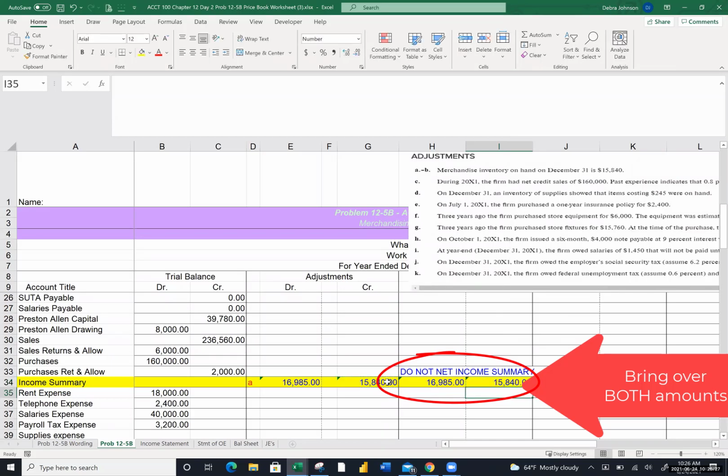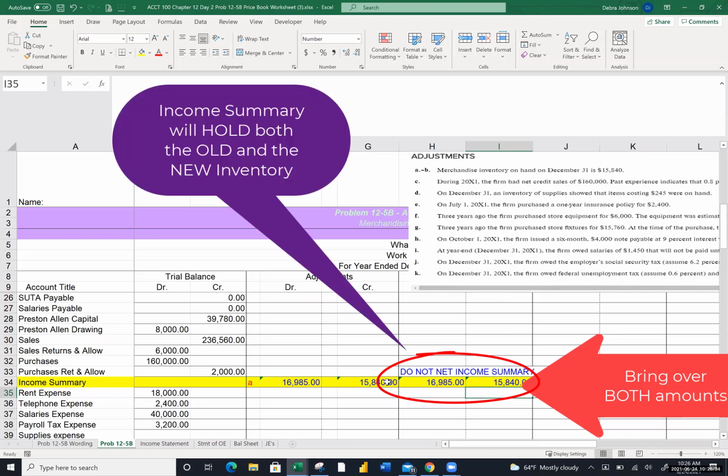So this is an income summary. It's a brand new account on the worksheet for us. We've never had it on a worksheet before. Its purpose is to temporarily hold the income statement numbers. In fact, not only do I want you to carry it over to the adjusted trial balance columns, I also want you to carry it over to the income statement columns.